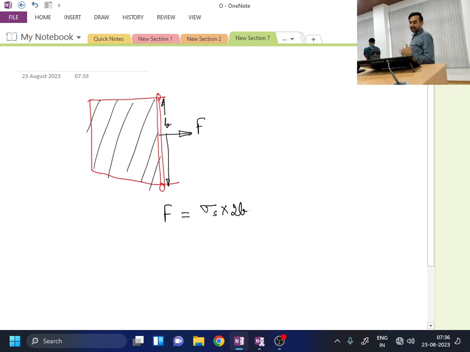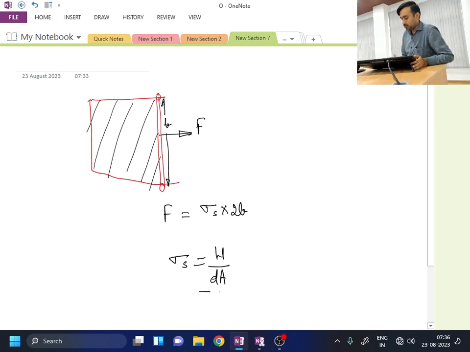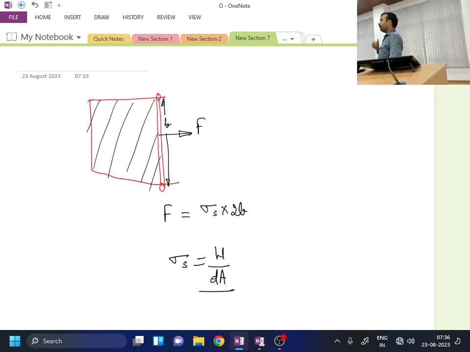Another understanding, in terms of the displacement of the rod, is that the surface tension coefficient can also be written as work done per unit area, dA. The surface tension coefficient is the amount of work done, or energy, that we need to invest in order to produce an incremental change in area dA.